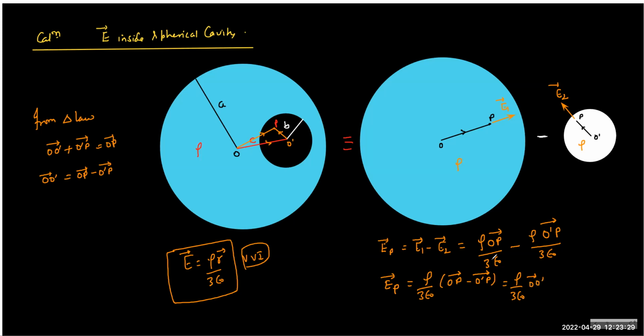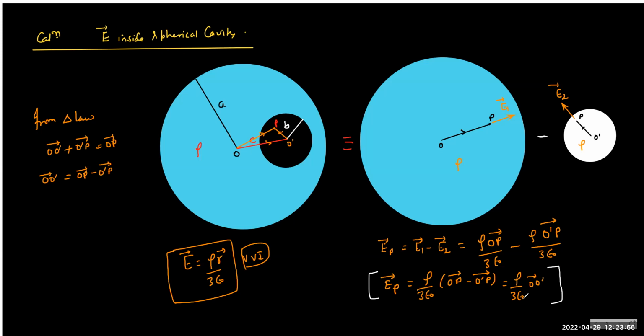Now this is a very, very significant result. It will have repercussions in a variety of problems. What it says is that no matter which point you choose, the answer will not depend on the point P, because you can see I have taken a point P, but P is not in the final answer, right? The electric field depends on the separation between the centers.